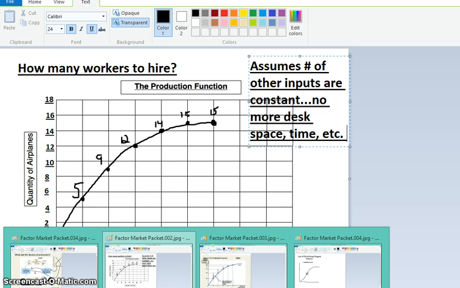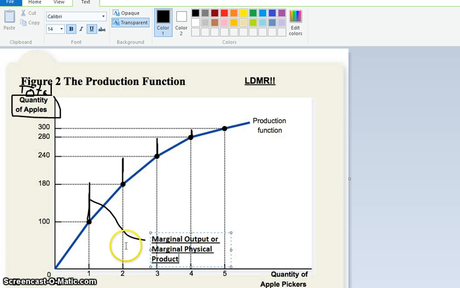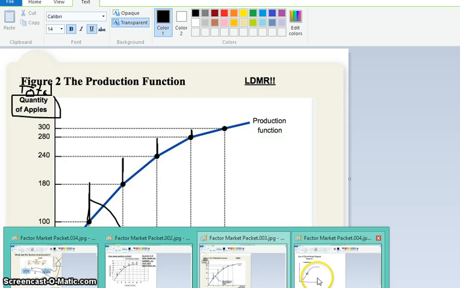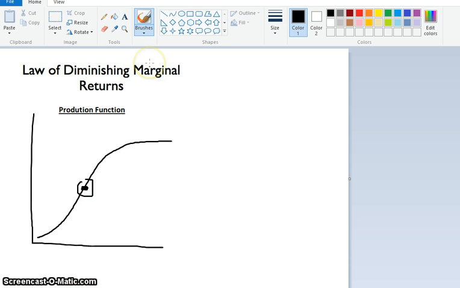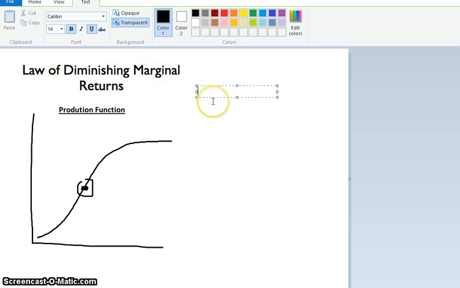So this is a concept where you notice that each additional unit produced less and less output. Well, this is what we call the law of diminishing marginal returns. Similar to the idea of the law of diminishing marginal utility, but here we're going to talk about the amount of output that we get.